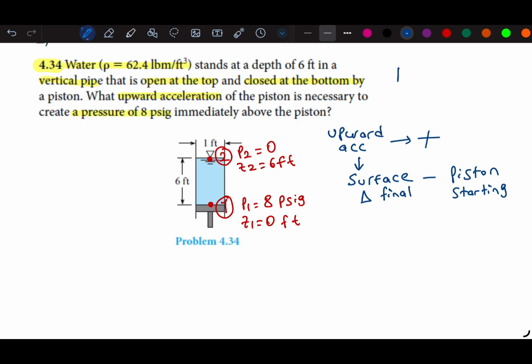As we always do when we use change in something, it is final minus start. I think you will get that better in 5 minutes actually.